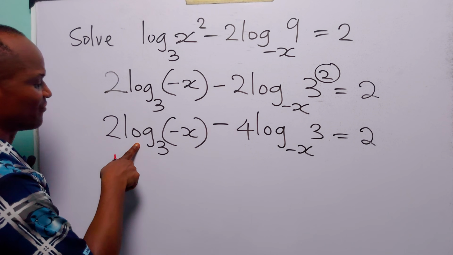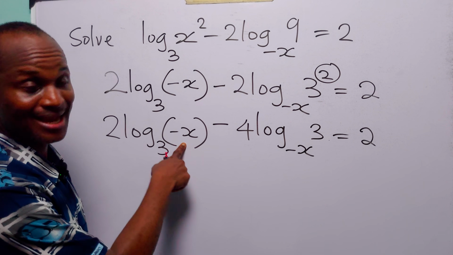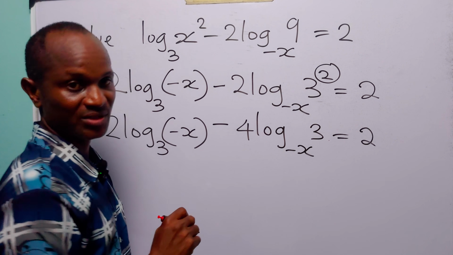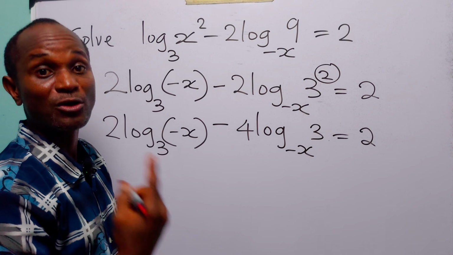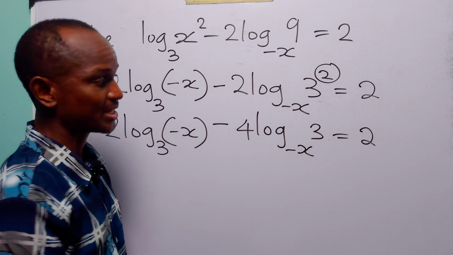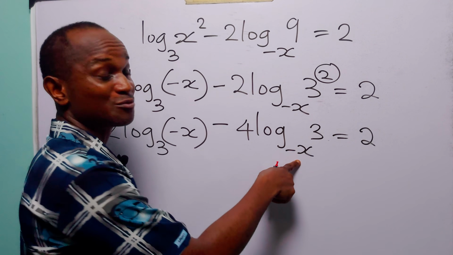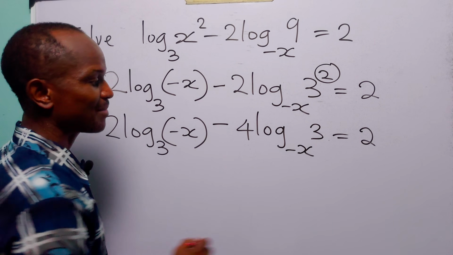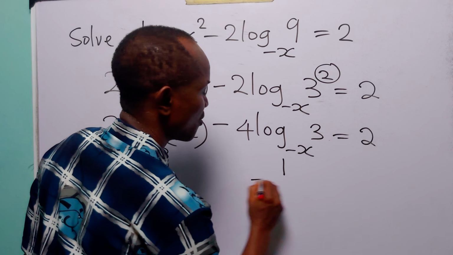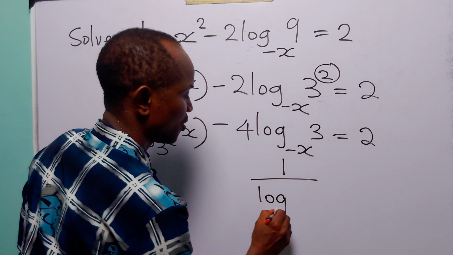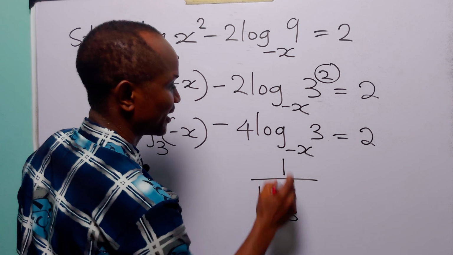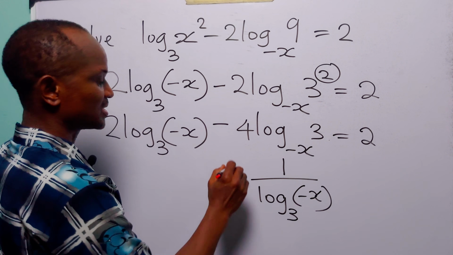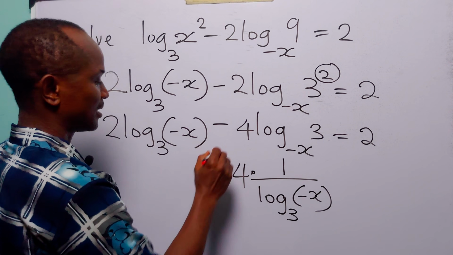Now, notice that here we have log to base 3 of minus x, while here we have log to base minus x of 3. And remember from our change of base formula for logarithms that log to base minus x of 3 is exactly the same as 1 over log to base 3 of minus x. Now we still have 4.